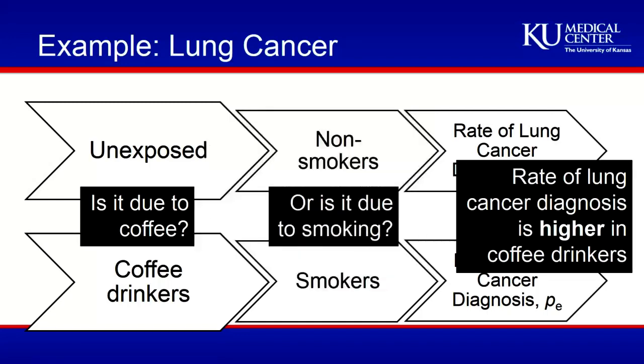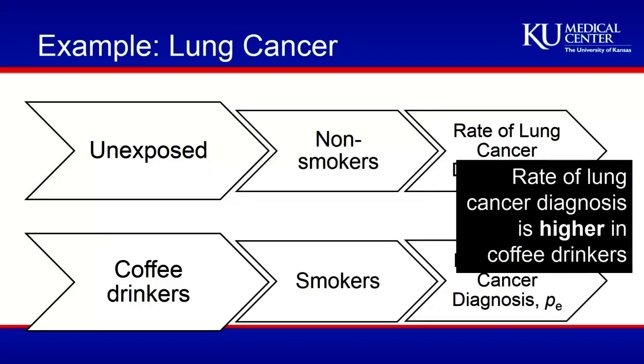And the reason is because of this pattern, where you get the vast majority of smokers also being coffee drinkers, the vast majority of non-smokers also being unexposed to coffee. So it's impossible to attribute variation to one source or the other.